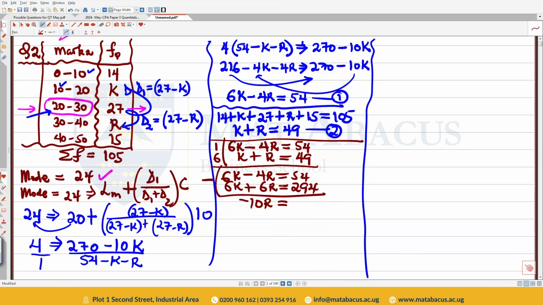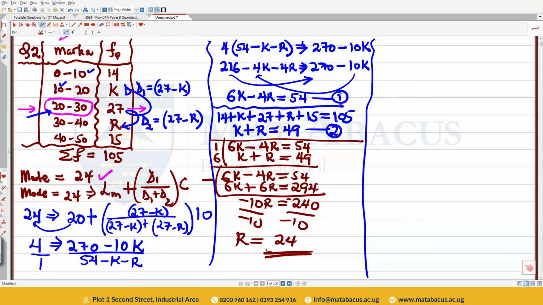It is negative 240. Divide by negative 10, so your R is equal to 24.